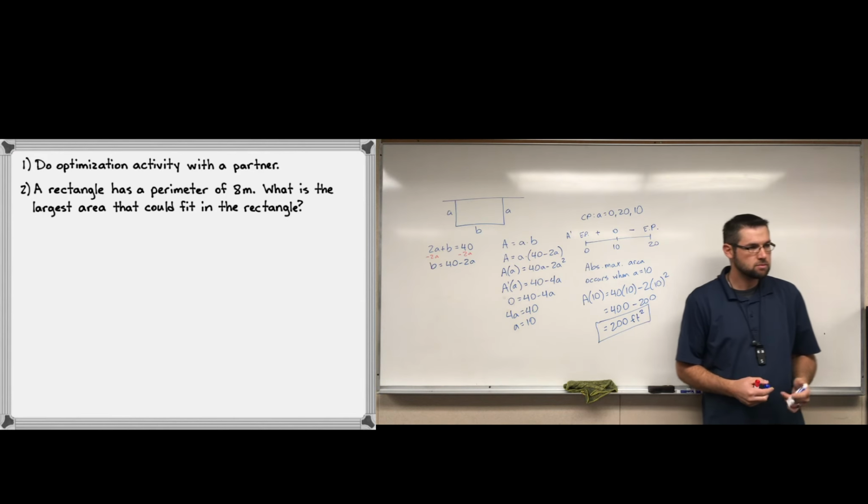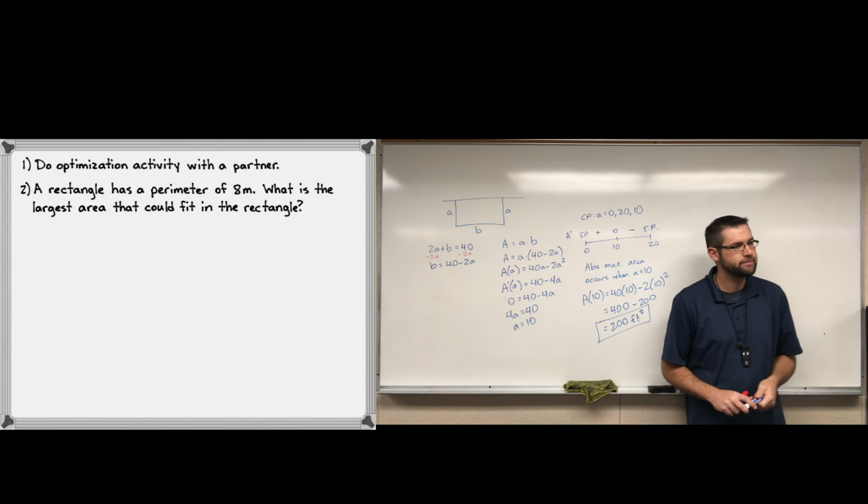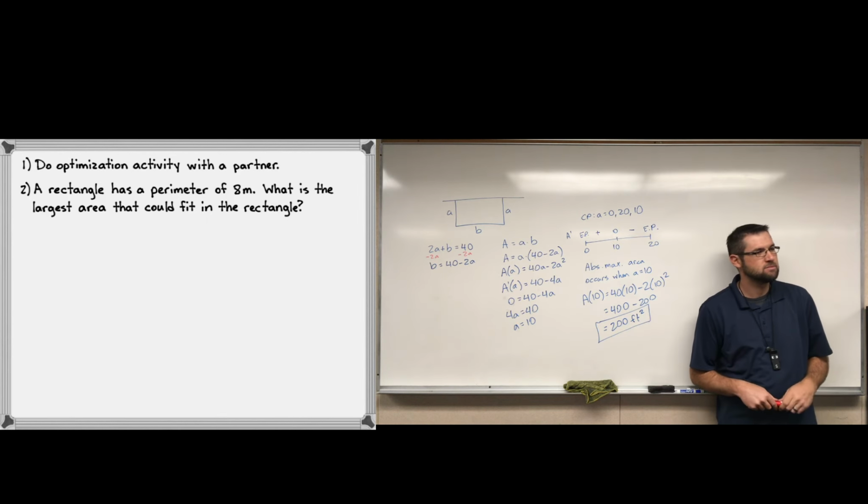What do you mean? You're not making rectangles. What would you like to make? Let's make like a circle. A circle? Yeah. Well, a circle is going to be locked in. If you've got 40 feet of fencing to go around a circle, you can't change the area, right? What about a semicircle? A pentagon, sure. What kind of pentagon, though? If it's a regular pentagon, they're all the same, so you can have the same issue.